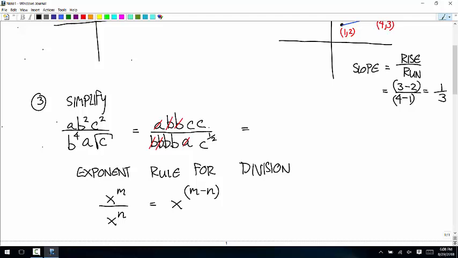And then c to the first power divided by c to the 1/2 power is c to the power of 1 minus 1/2. So you're left with 1/2. So we get c to the first power times c to the 1/2 power over, we still have b times b.